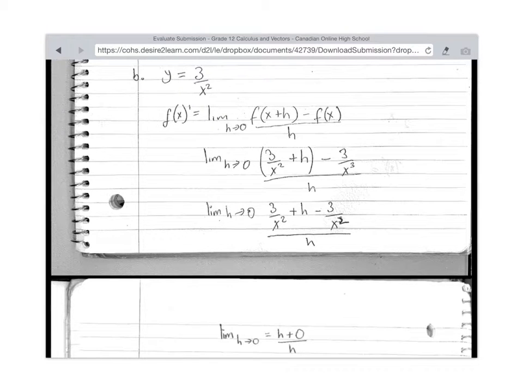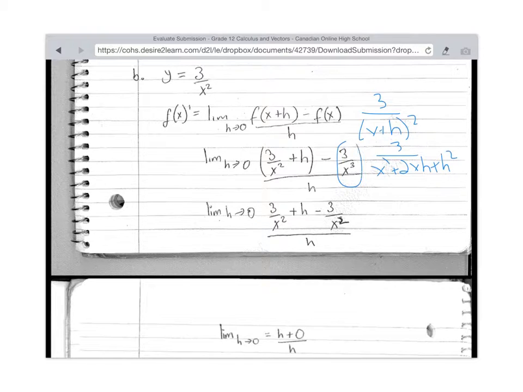For part B, you've made the same mistake that you did in part A. F of x plus h should look like this: 3 over x plus h all squared, which is 3 over x squared plus 2xh plus h squared.